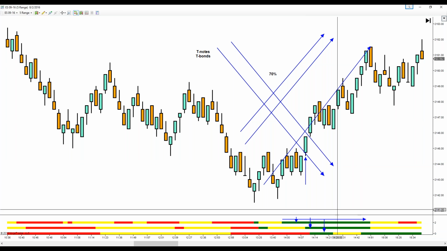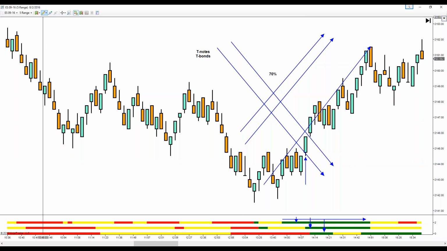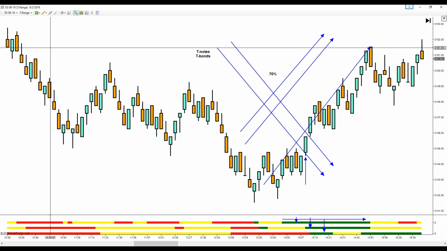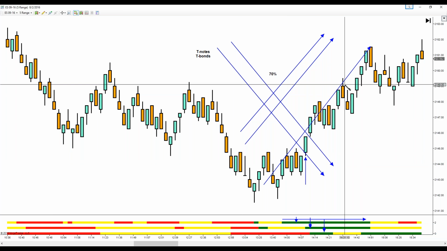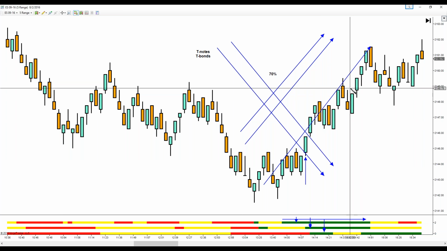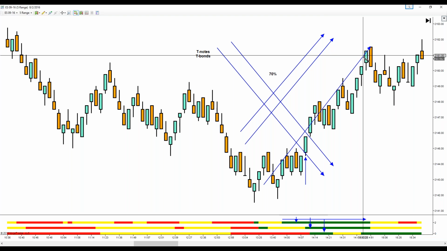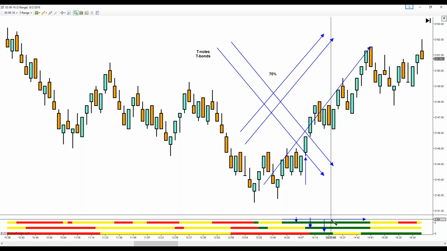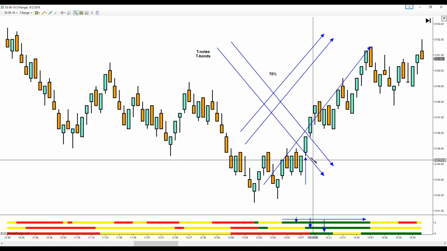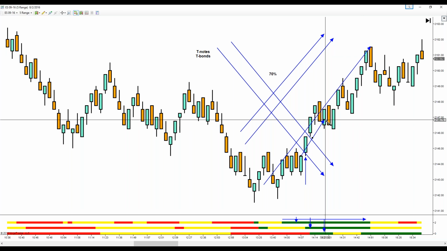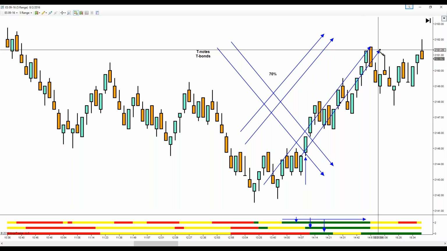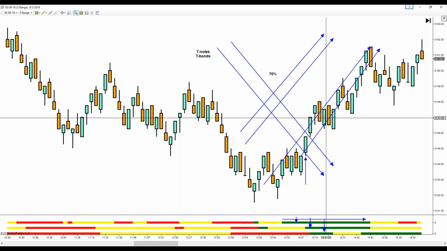Price is heading up because the quant lines are green. These indicators are not looking at price on this trading chart. They don't care what's going on with the actual E-mini. They're looking at other correlative markets. So you can see how well a dual green quant predicts a move to the upside.